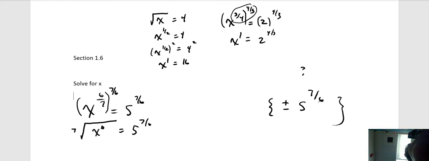When you take x and raise it to the 6th power, you get a positive value. So there's two different numbers, one plus and one minus, that yield the same exact number under this radical. That's why there's two solutions here. That's something to be mindful of as we solve these.